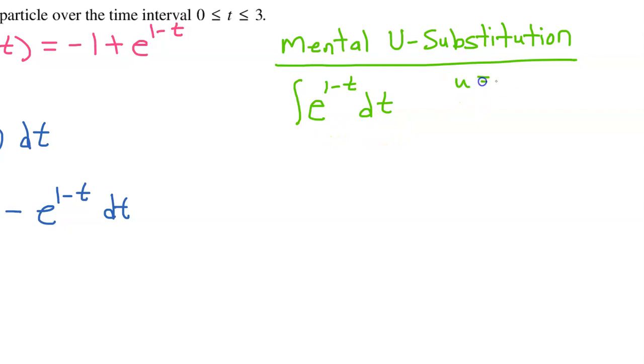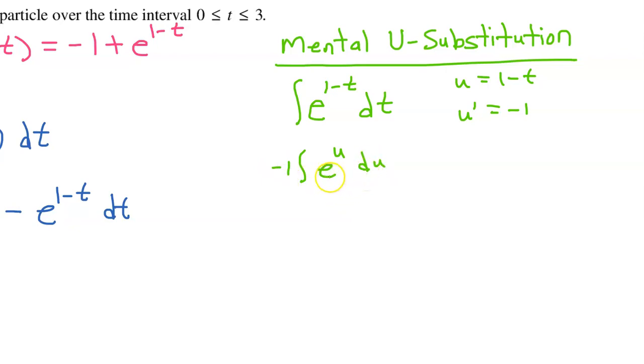Let u equal 1 minus t, then u prime is going to equal negative 1. So this will be the integral of e to the u, and instead of dt, we will write du, but we will divide by u prime. So we're dividing by negative 1, which would be the same as multiplying by negative 1.